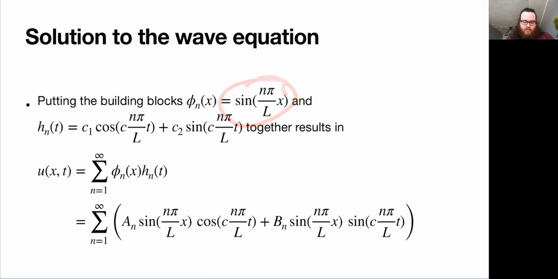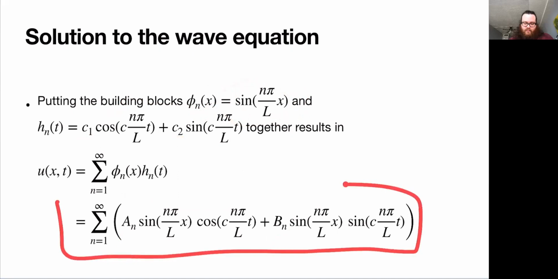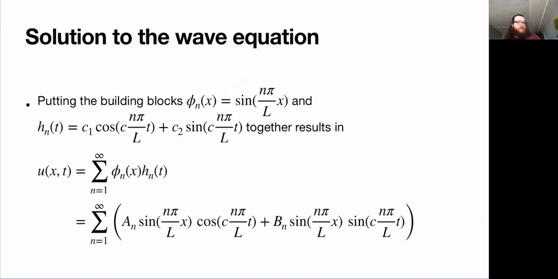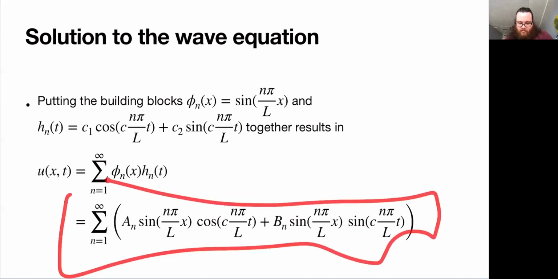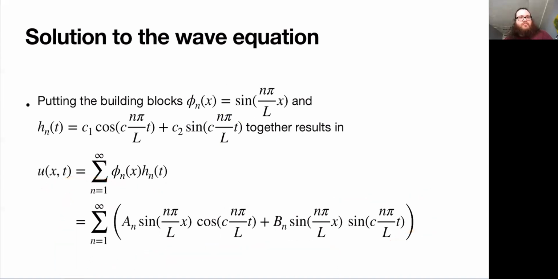So distribute this piece there and there, rename C1 to A sub n and C2 to B sub n. And then otherwise, our solution u of x comma t is equal to this. So this is the most general solution we can construct to the problem that we posed at the start using the wave equation.